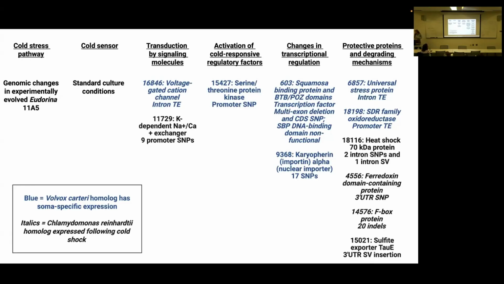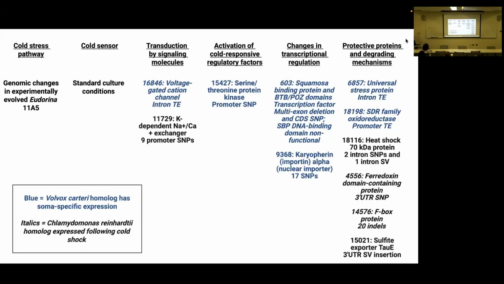genetic changes. Then there's a lot of changes in genes that are associated with coding for protective proteins and degrading mechanisms. We've got a universal stress response protein with an intron TE, an oxidoreductase with a transposable element in the promoter. This is potentially quite significant because we know that redox reactions are likely to play a role in cellular differentiation in Volvox carteri.